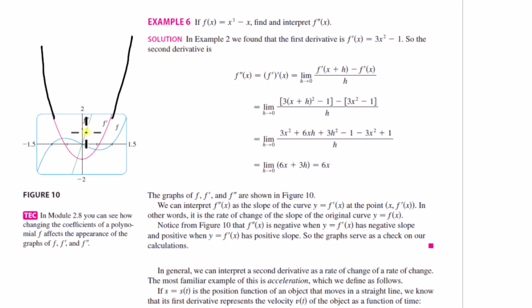As far as what the second derivative tells us about the original curve, it's describing the rate of change of the slope of the original curve. In a similar way, f double prime being a line means the rate of change of the slope of this parabola is constant. That's describing the third derivative, because if you take the derivative of the line f double prime, you get a constant value.